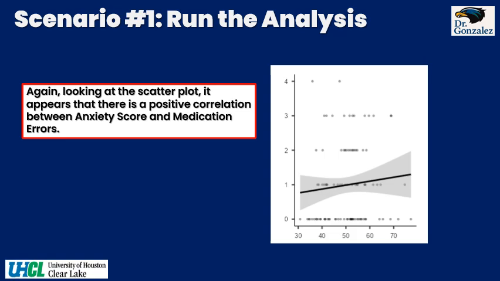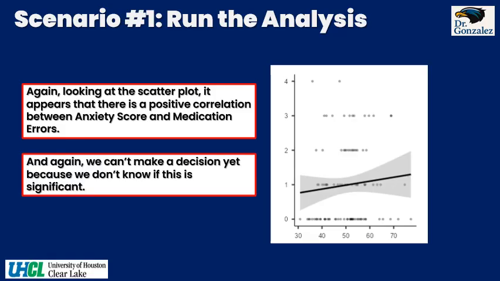Is there a correlation? Yes. Is it significant? Probably not. And I'm basing my probably not on my last results. But again, I can't make that decision yet because I don't know if that is statistically significant or not. So what do I need to look at? I need to look at my results.